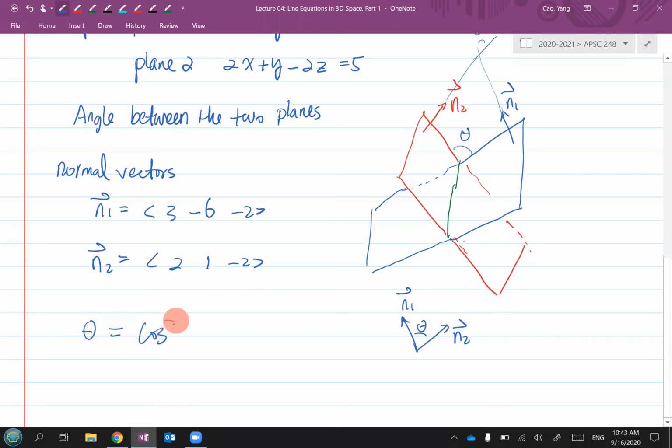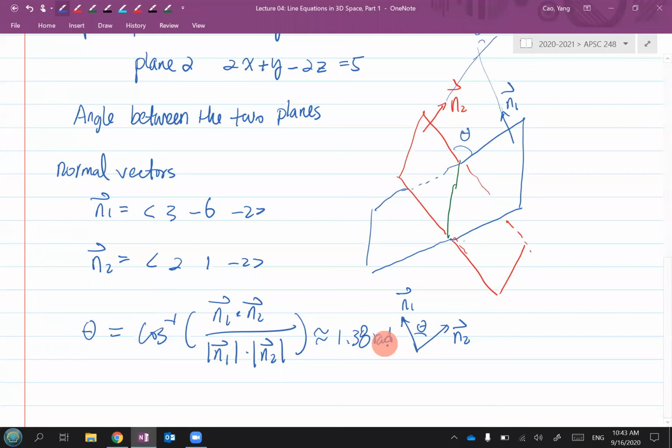Theta is the arc cosine of n1 dot n2 over the magnitude of n1 times the magnitude of n2. You can plug the numbers into your calculator and you will get 1.38 radians for this question. So again, you change your perspective to make use of the known condition to get what you want.